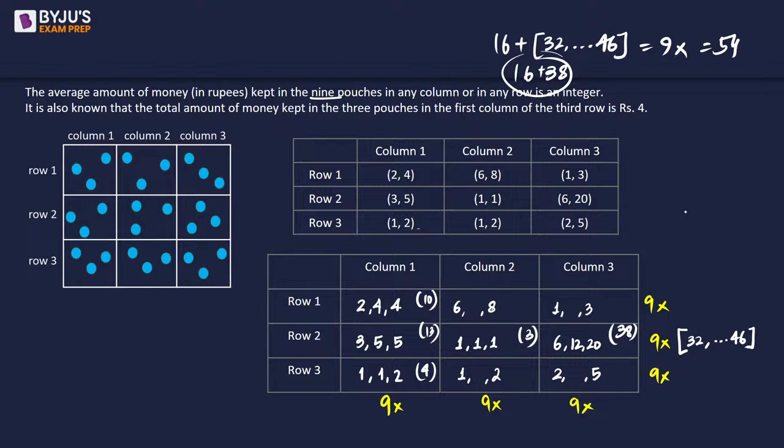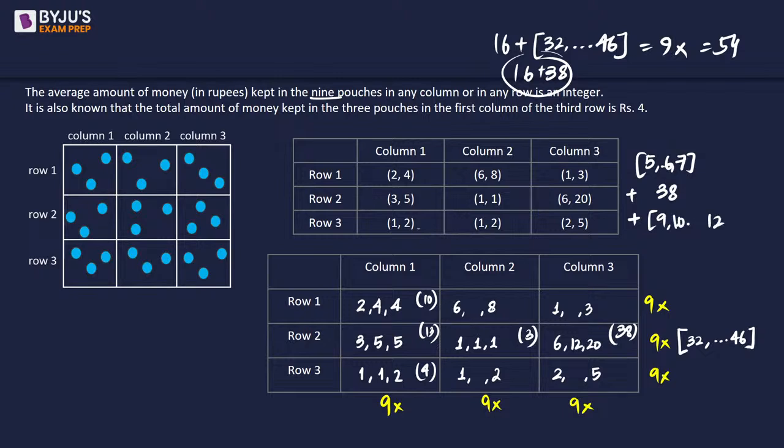So in the third column, the minimum sum we can have is 1, 1, 3, which is going to be 5, or 1, 3, 3, which is going to be 7. So 5, 6, 7, these are the three sums possible. Plus 38, plus we can have 2 to 5, which is going to be 9, and the maximum is 5, 5, 2, which is going to be 12.